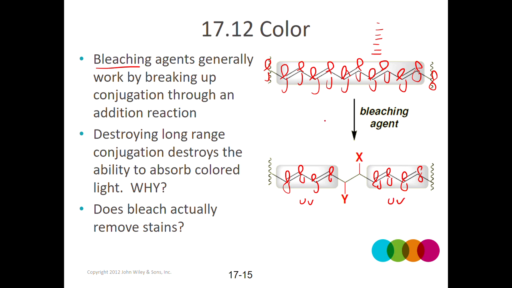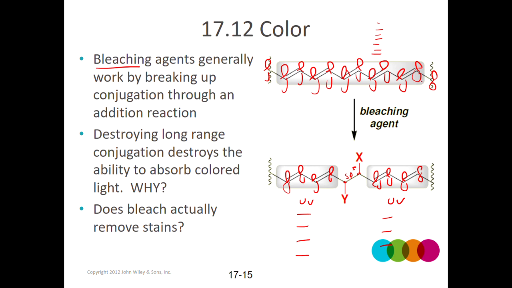By breaking up the extended system, you now create two separate systems because you have sp3 hybridized carbons in between, and so this system of p orbitals can't overlap with that one. This one will have much larger gaps, and that one will have larger gaps, and so you lose the small gaps that are responsible for absorbing colored light.